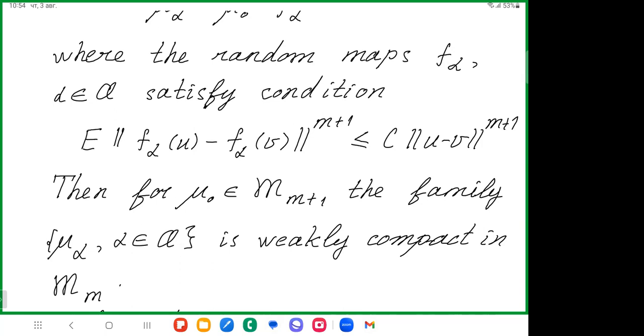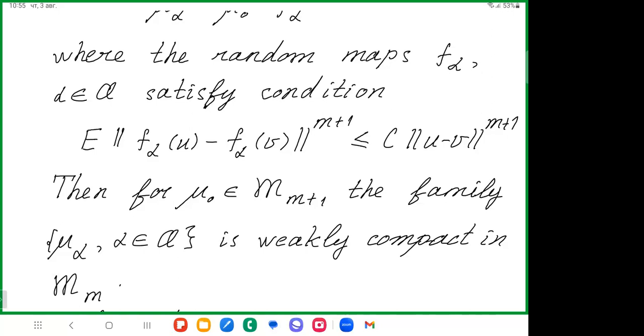And by the way, let me note that under a very natural condition on the coefficients of the equation with interaction, you remember we just said that x_u(t), the solution to the equation with interaction, is a diffeomorphism, but under the Lipschitz condition for the coefficients, it can be proved that we have such an estimation as written for the expectation of the difference x_u(t) minus x_v(t) in power m plus 1, because this is the relation responsible for the smoothness with respect to the spatial coordinate.